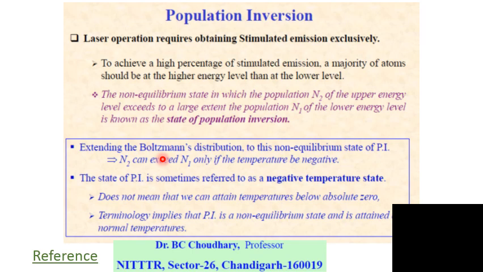We can get this either by increasing the temperature, or, in most lasers, by using an external pumping system, because this is much easier. If we increase the temperature, our whole system will heat up, and instead of getting good output, we will lose most of it. Therefore, to get population inversion, we mostly use pumping, and we will study pumping later.